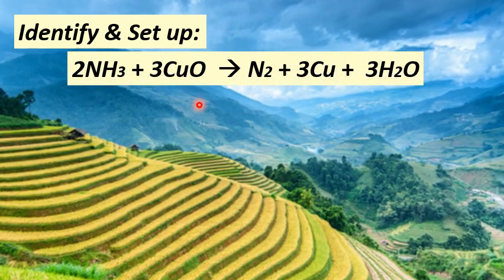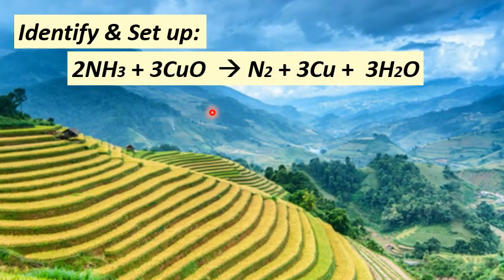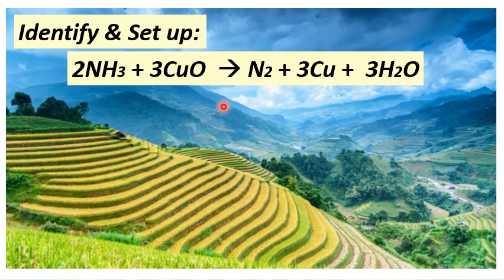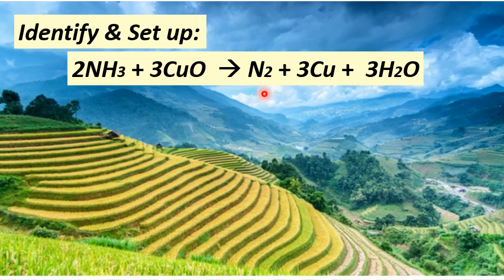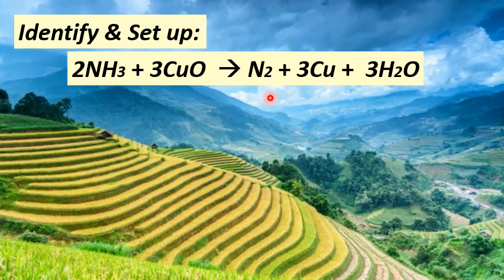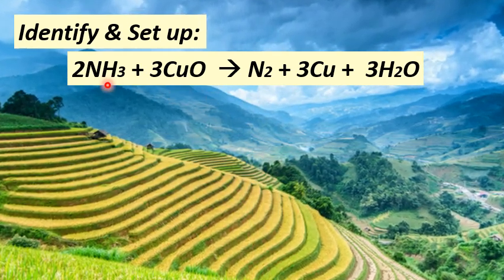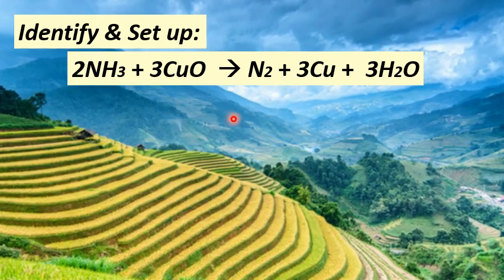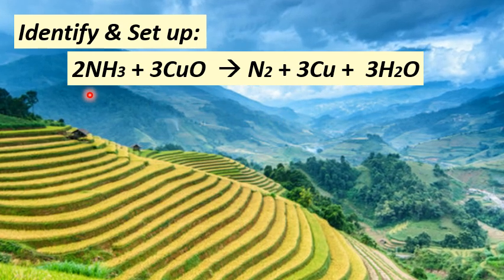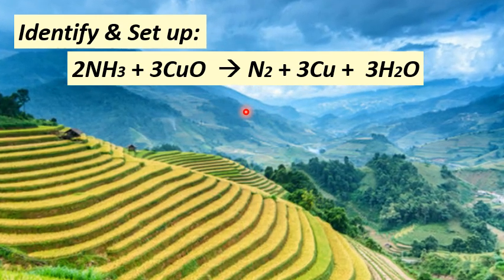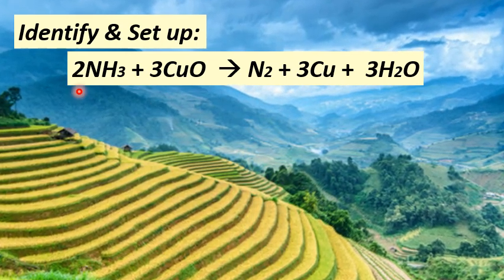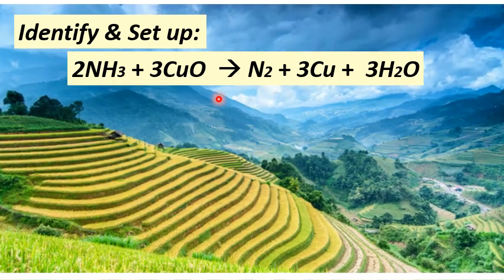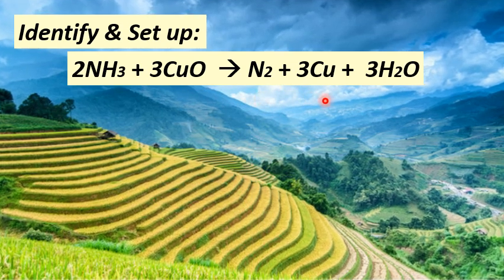All right, so the first thing that you have to do is to check if the chemical reaction equation is already balanced. In checking whether the equation is already balanced, we just count the number of atoms of each type of element, both on the reactant side and on the product side.